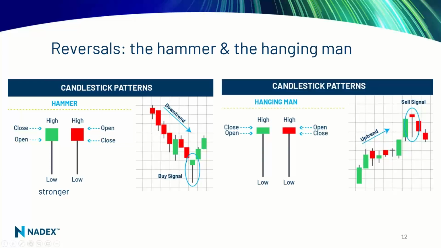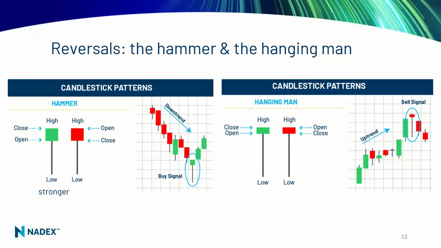Now, there is another one that looks very similar. This is called the hanging man. All right. Now, the formation looks very, very similar, but there are key differences. One, you're in an uptrend.